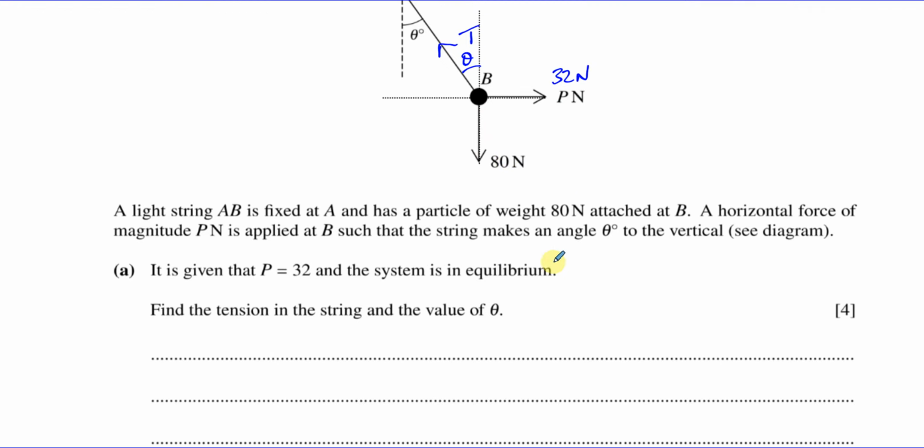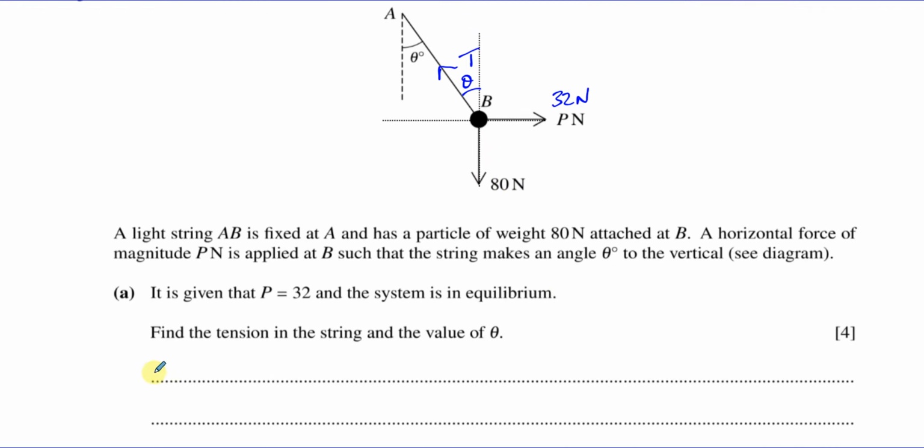So now if I take this diagram and resolve the forces vertically and horizontally. Vertically, it's in equilibrium, so the upward forces equal the downward forces. If I want to resolve this tension, which is acting at an angle, let me draw it so that it makes it clear. The tension is acting in this direction.